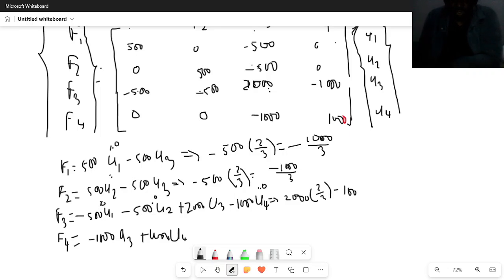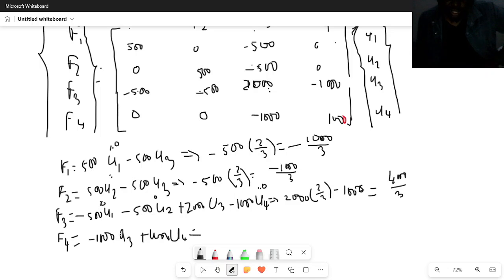So now if we do this one, what we are getting here is 4000 over 3. Now last force, what's happening here? F4.